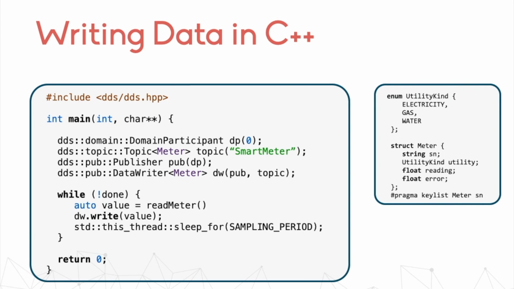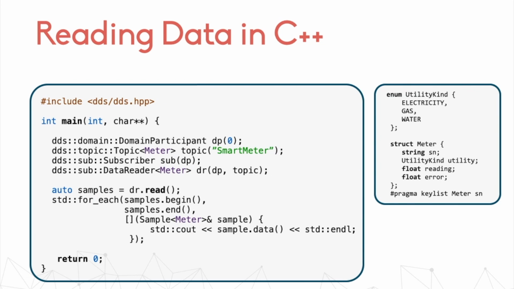Here you see the declaration of the topic type and the data producer in C. We create a domain participant, declare a topic, define a publisher, and create a data writer for the given topic. As this is a smart meter, periodically we read the meter and write it on DDS.